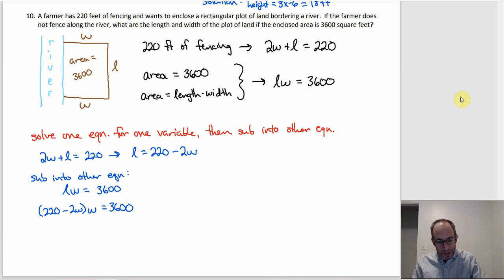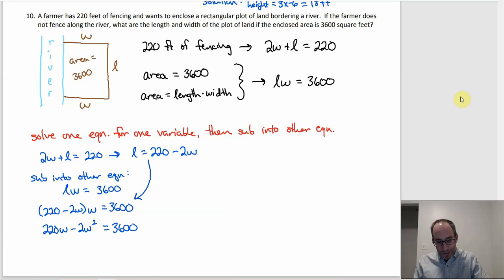So there's that big substitution step. We said if this is what L is, then we're going to sub in right there. And then we can multiply the W through, and we'd have 220W minus 2W squared equals 3,600.